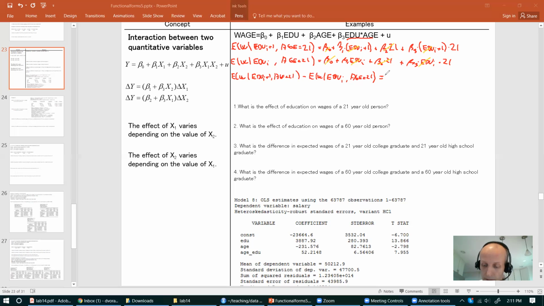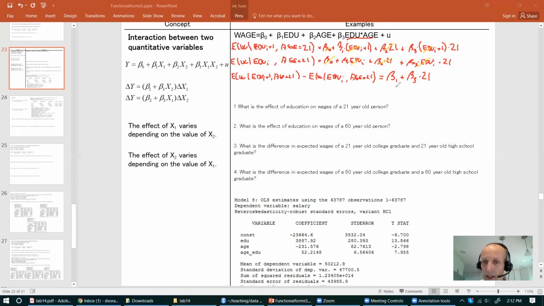And we're left with just beta 1 plus beta 3 times 21. So the effect of an additional year of education for a 21-year-old is beta 1 plus beta 3 times 21.